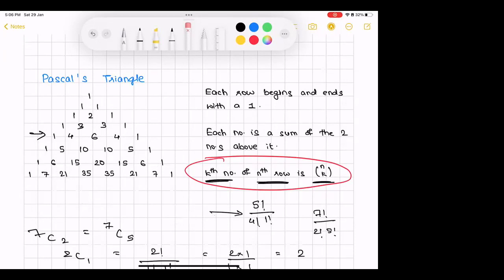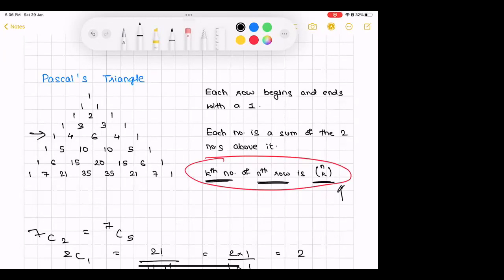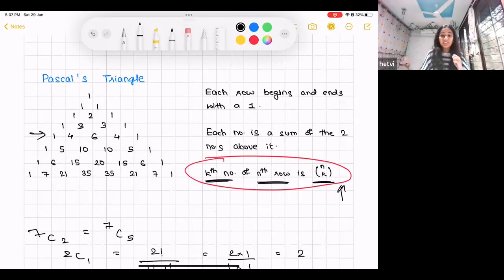Actually, we have made up this triangle only by adding these numbers, right? So that is how we have made it. So it has to be true. But use this identity or use combinatorics or maybe make a story to also say that it's true. So different ways of proving the same thing.